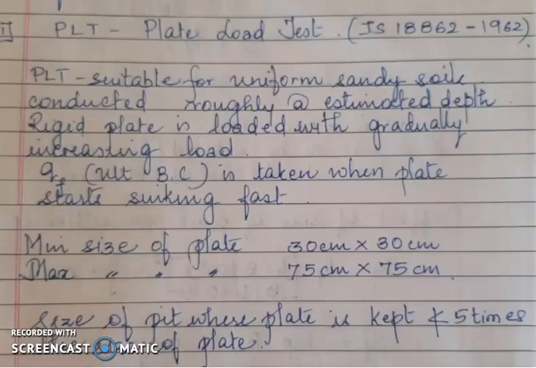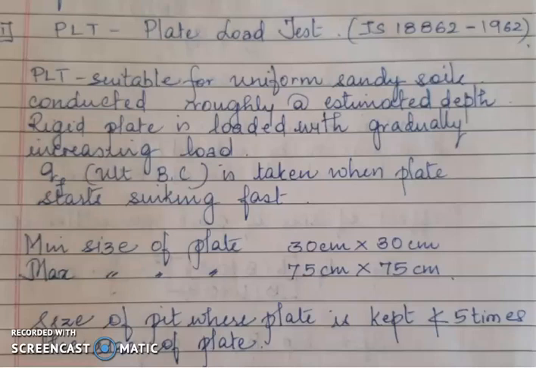Now, this test will be conducted at the foundation depth. From the primary data of your field explorations, if you think the soil is all right and you can lay the foundation at around 1 meter depth, then you should conduct the plate load test at that depth, whatever the estimated depth of foundation is.